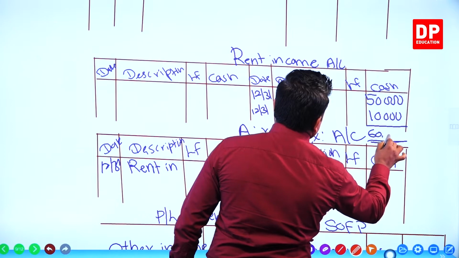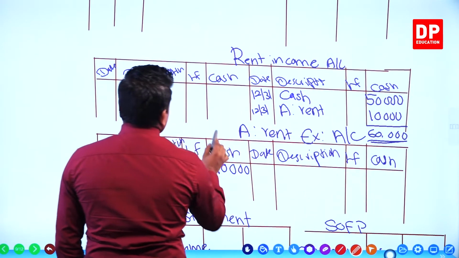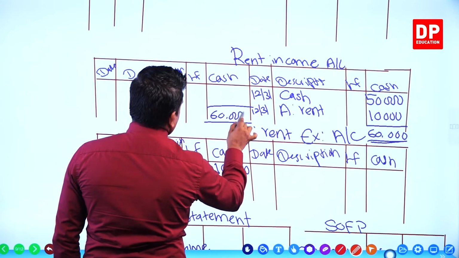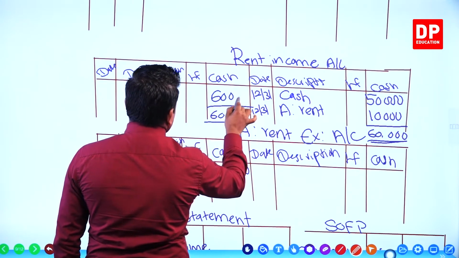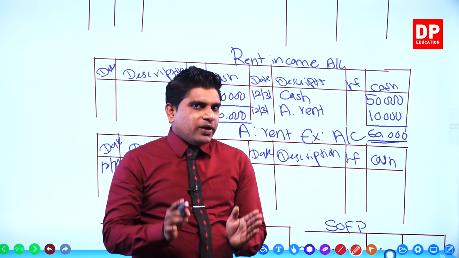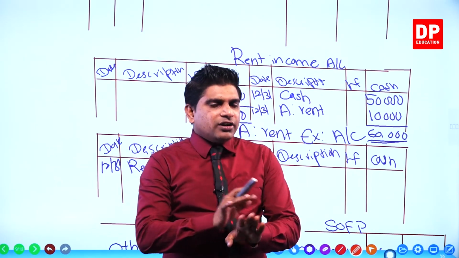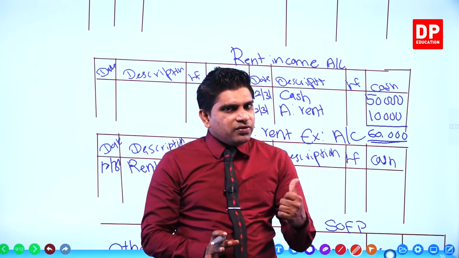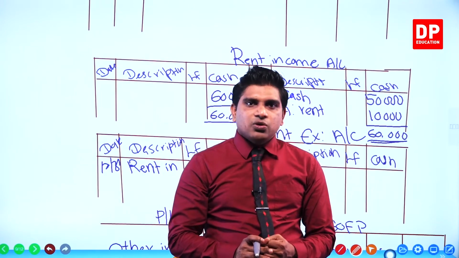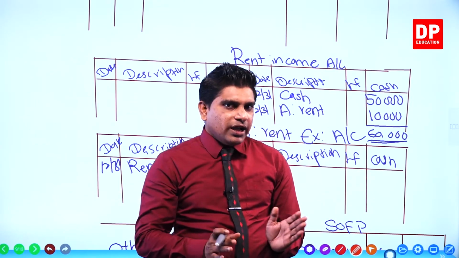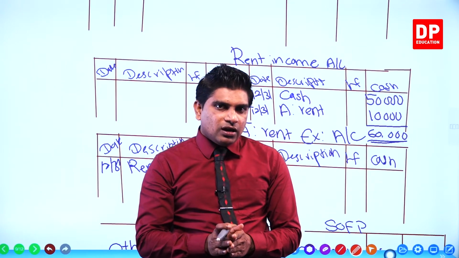Okay, now we get the total 60,000. Here 60,000. Total also 60,000. You know, expense and income accounts are transferred to the profit and loss statement. In the previous activities also, all the expense accounts, you remember, I transferred to the profit and loss.